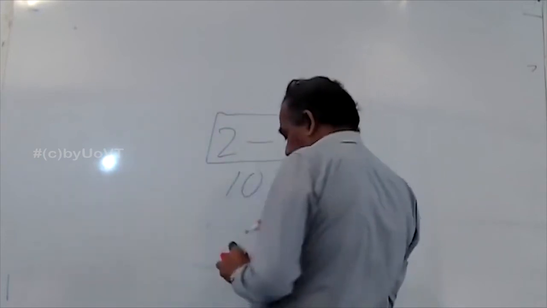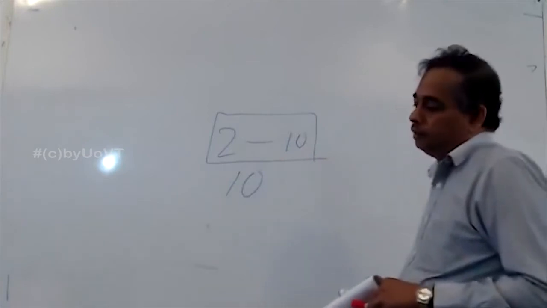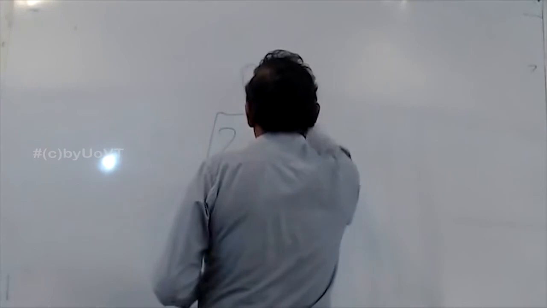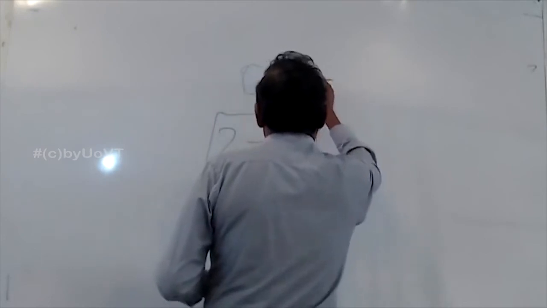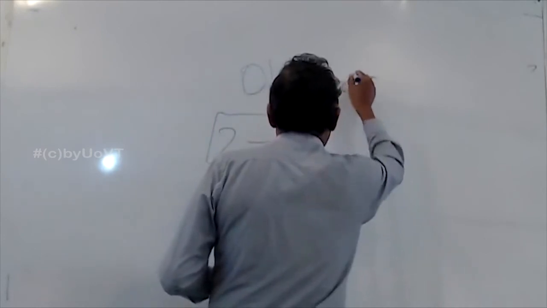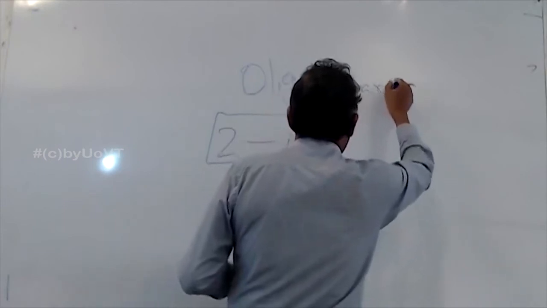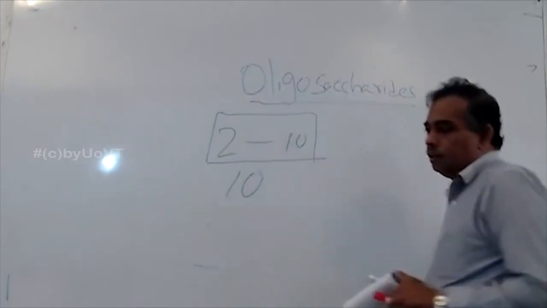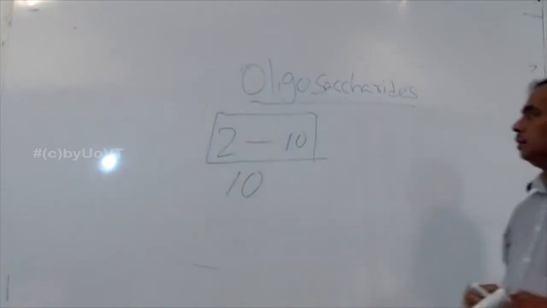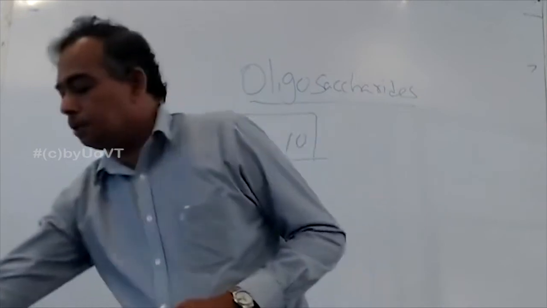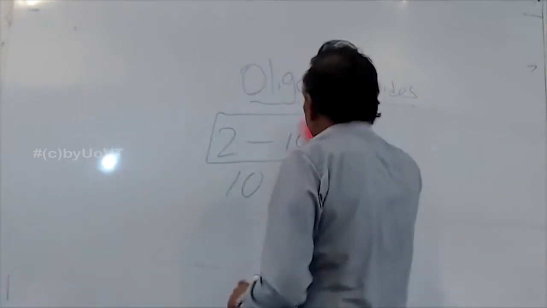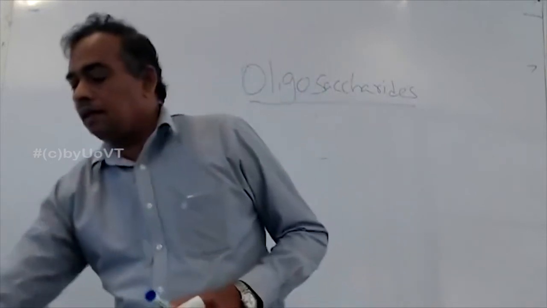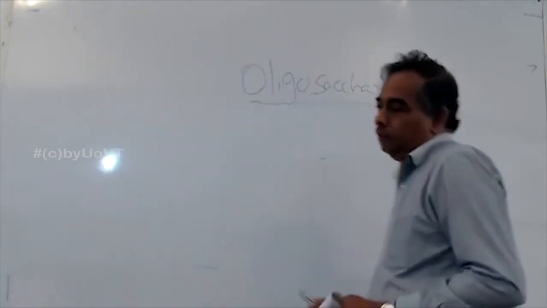If the molecule contains 2 to 10 monomers, those are known as oligosaccharides.